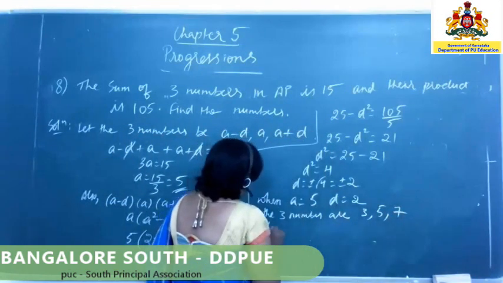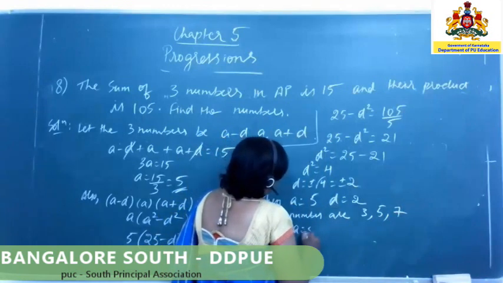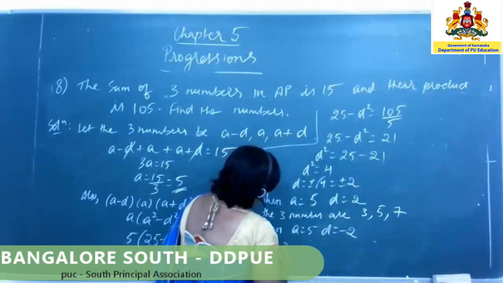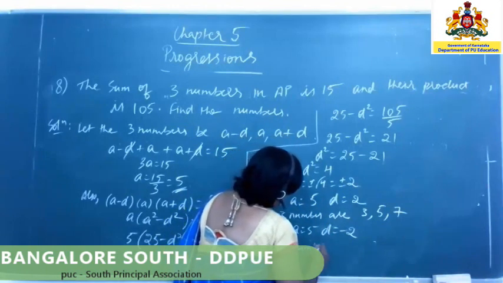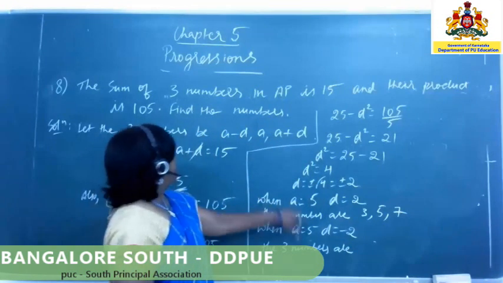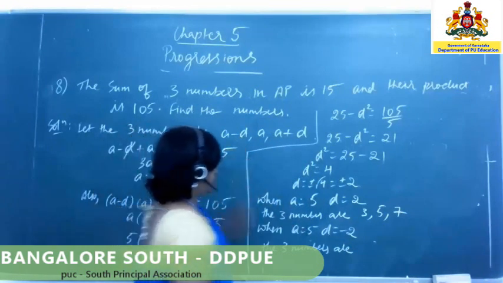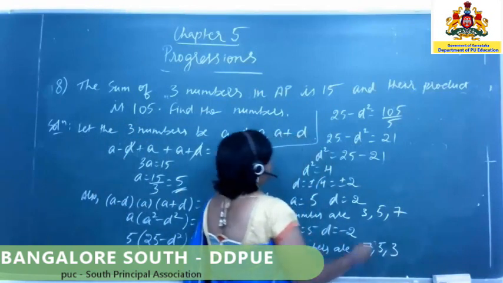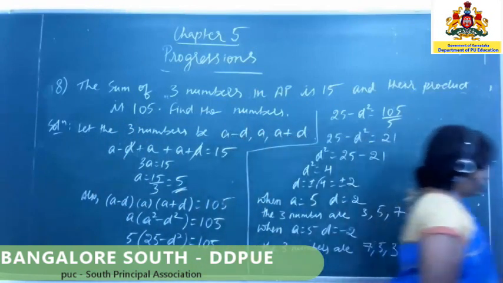And when a is equal to 5, d is equal to minus 2, then the three numbers are 5 minus of minus, 5 plus 2, 7, and 5, then 3. Yes, make a note of this.